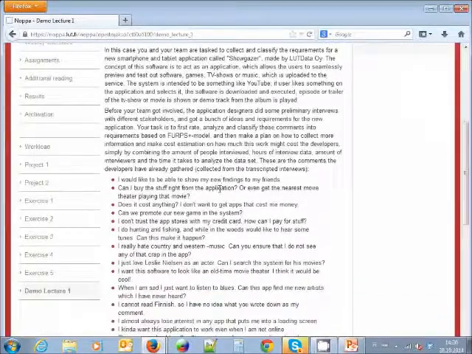Showgazer is more or less a software which allows users to seamlessly preview and test out software, games, TV shows, and music. The system works something like YouTube. If user likes something on the application and selects it, the software is downloaded and executed, episode or trailer of TV show or movie is shown, or demo track from the album is played.